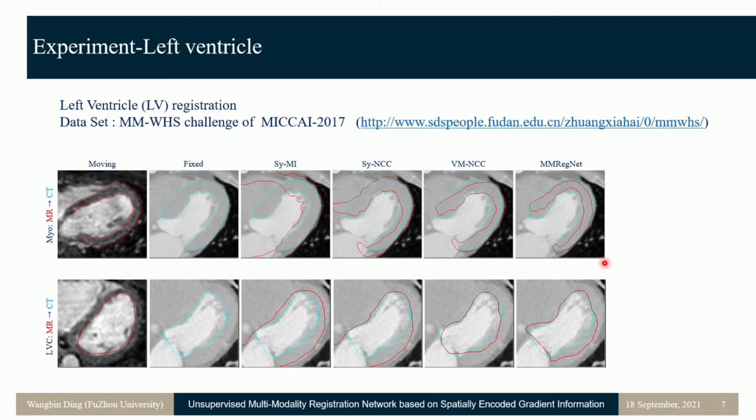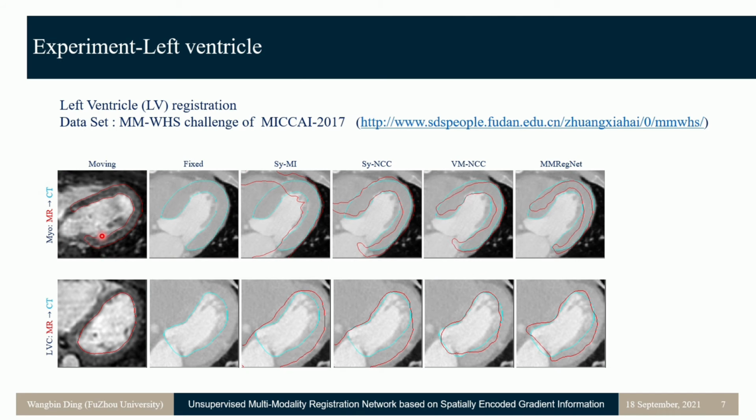We evaluate our method on two public datasets. One of them is the whole heart segmentation dataset. We perform registration on the left ventricle regions. Here we display two samples from the dataset.